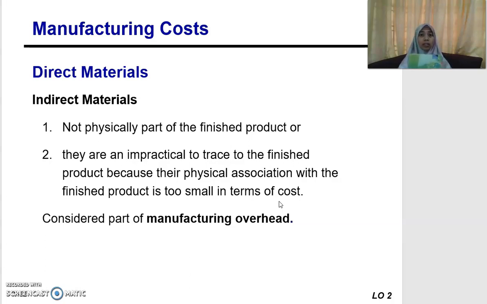Direct cost is the cost that you can directly trace to your final product, whereas indirect cost is the cost that you cannot directly trace to your final product. So indirect material will be part of your manufacturing overhead.